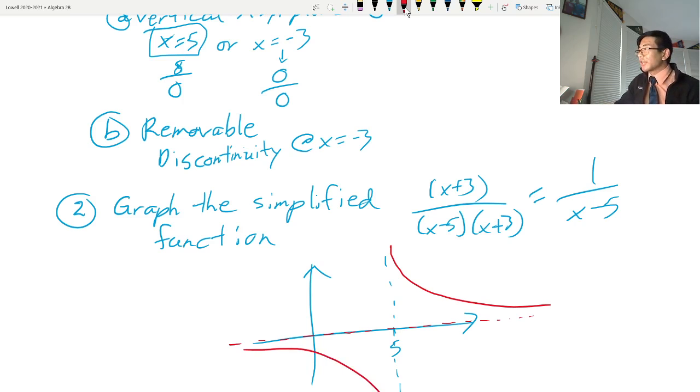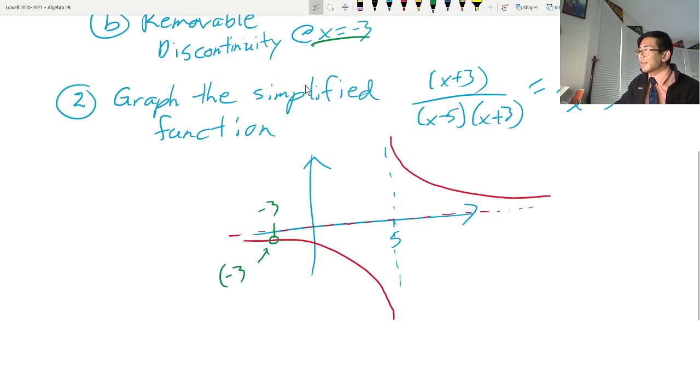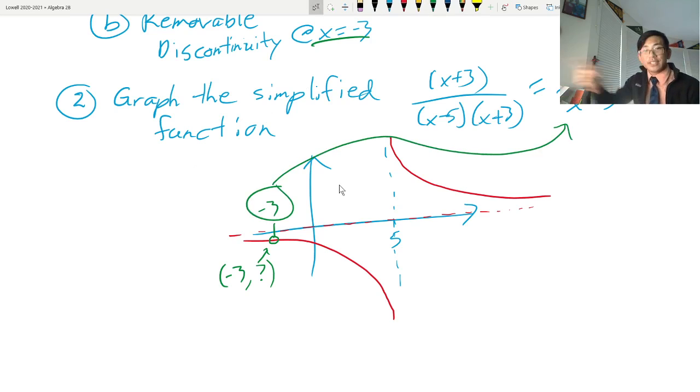Now our removable discontinuity happens at, let's use a different color, green, at negative 3. So that's going to be right here. The question is, what is the y value there? We know that point is at negative 3 comma something. You take that point and plug it into the simplified equation, because that point does exist on the simplified graph.